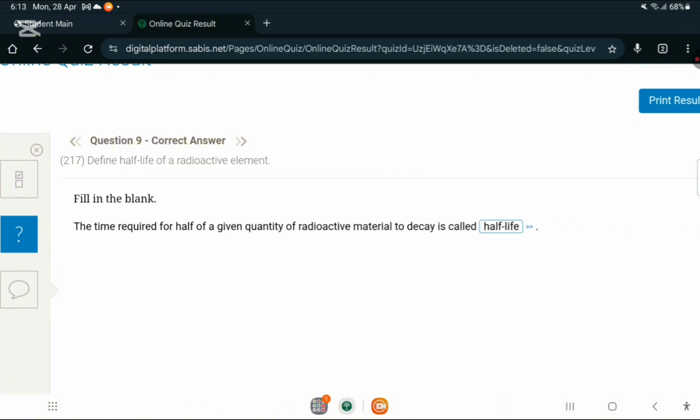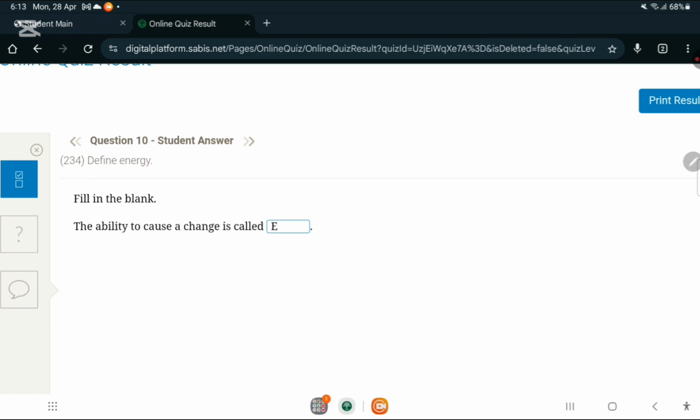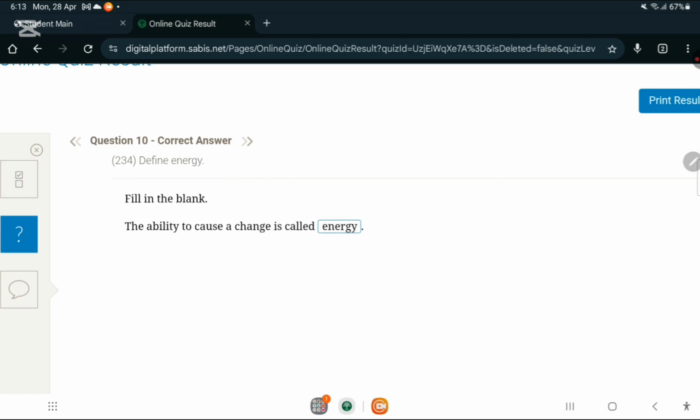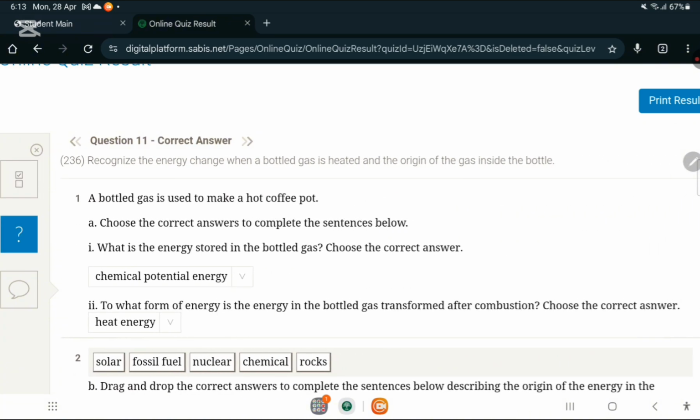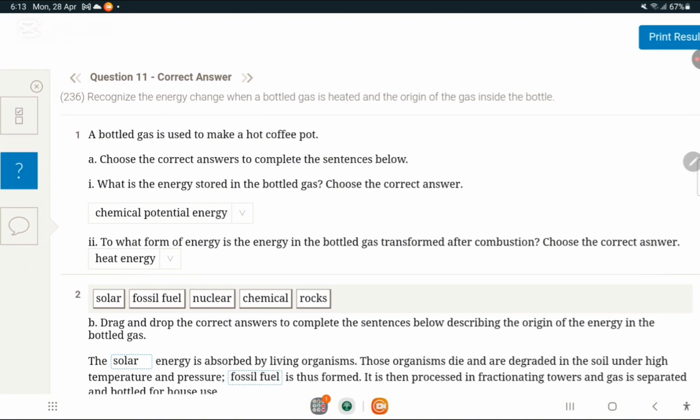The time required for half a given quantity of radioactive material to decay is half-life. The ability to cause a change is called energy. This is memorization here. A bottled gas is used to make a hot coffee pot. What energy is stored in the bottled gas? It's chemical energy, potential energy, because the energy is still not put in.